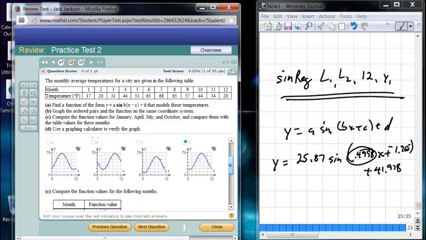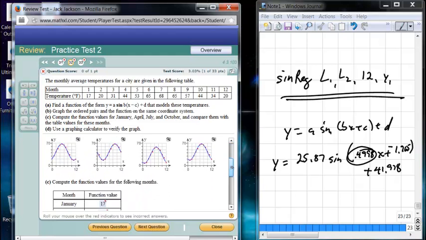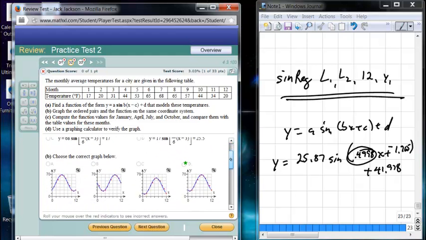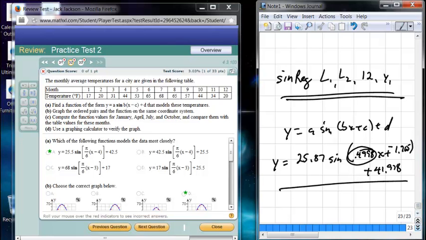Alright. So they're wanting us to do this a different way. I wish it wasn't done like this. Okay. So what you're going to need to do here is you're probably just going to need to go ahead and just graph these and see which one works. It's not going to give you the same thing as this over here, although it should be fairly close on the center line.